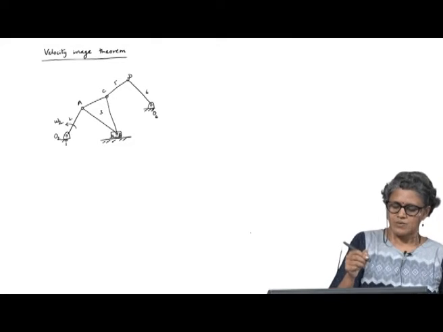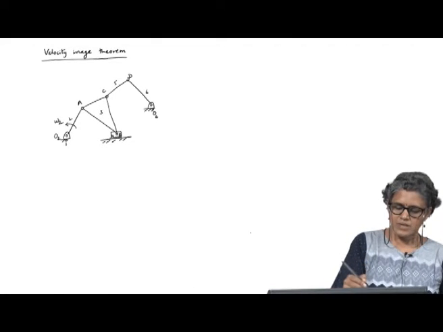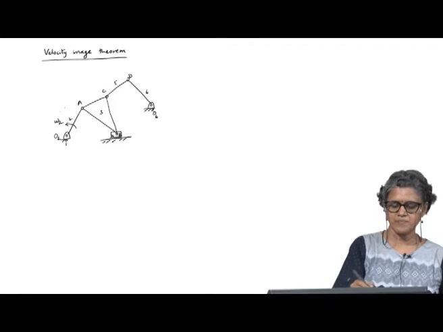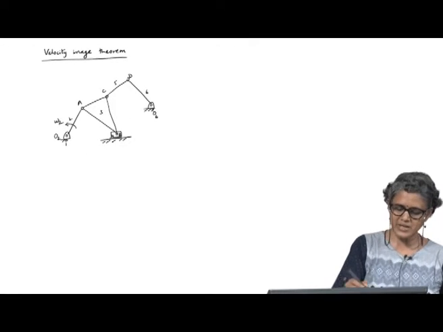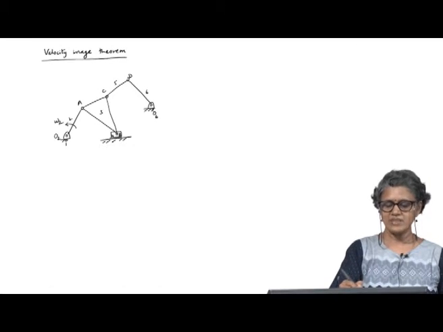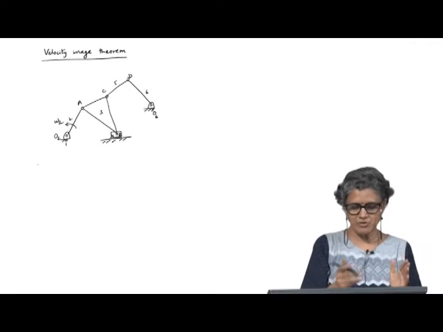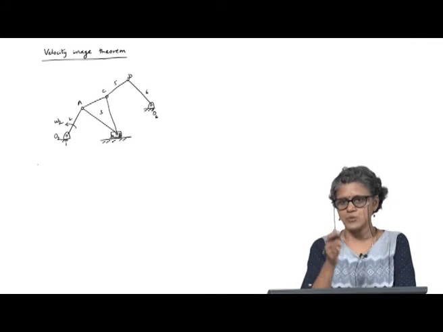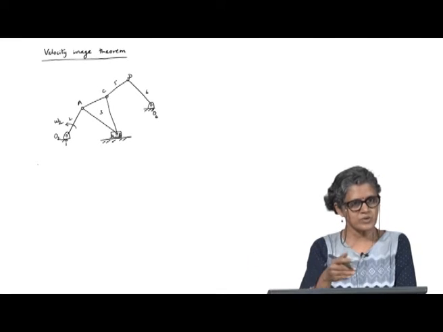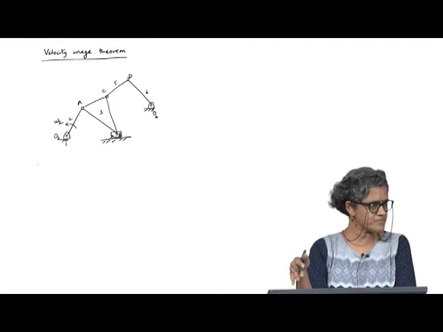So, an easy way: once I do the analysis of this 4 bar or 4 bar equivalent, the slider crank, I can easily find the velocity of this point C. So, essentially I have to apply the relative velocity equation sequentially in order to compute omega 6, right.